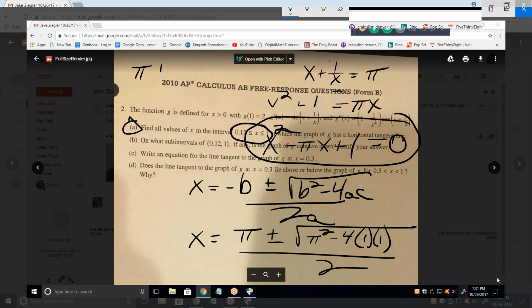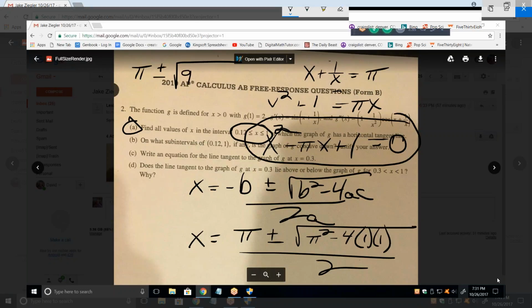Pi plus or minus the square root. Do you have a calculator? What's pi squared? It's got to be about 12. Hold on, let me do it. 3.14 times 3.14 equals 9.86.